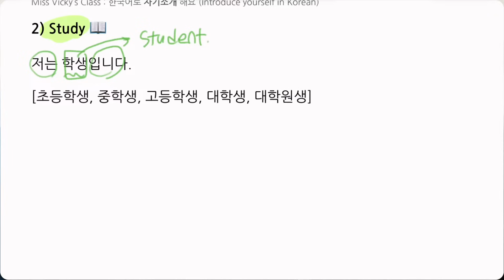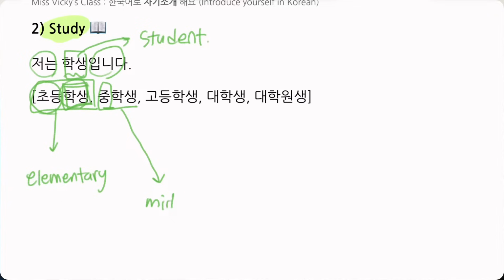You're not working, you're studying. 근데 if you want to specify what type of student you are, whether you are 초등학생, elementary school student, basically. So 학생 means student, so it's like elementary student. 중학생 means middle school student. 그리고 고등학생 means high school student.